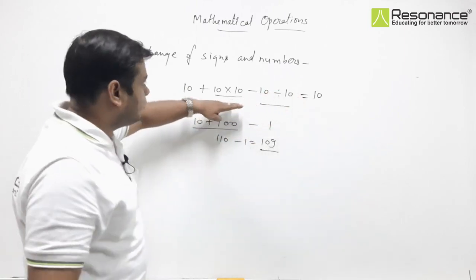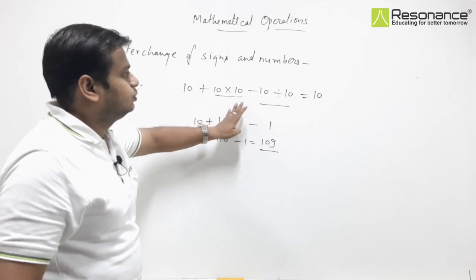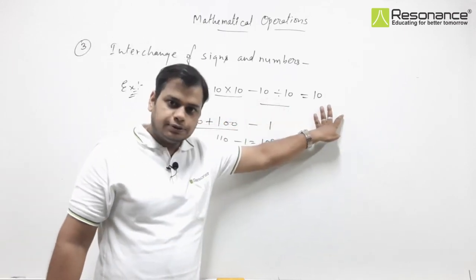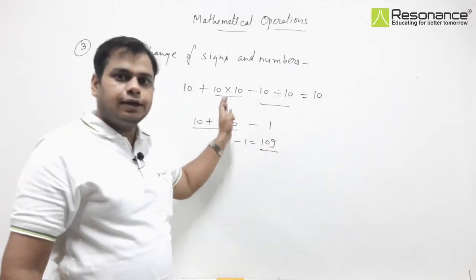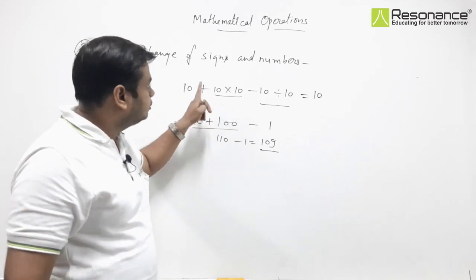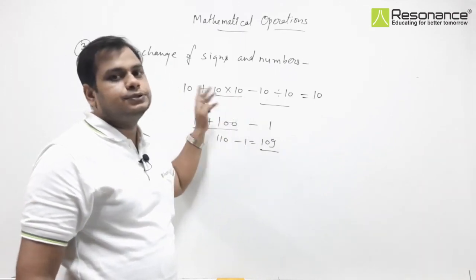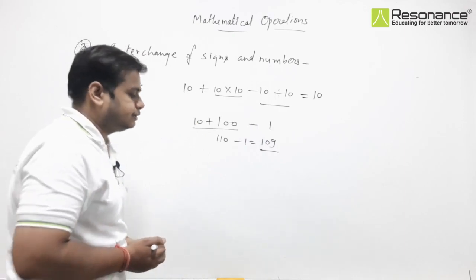So that means we have to interchange some signs so that we can get the correct solution. The solution is correct, the given equation is wrong. Also the signs are wrongly placed. So we have to interchange the signs.